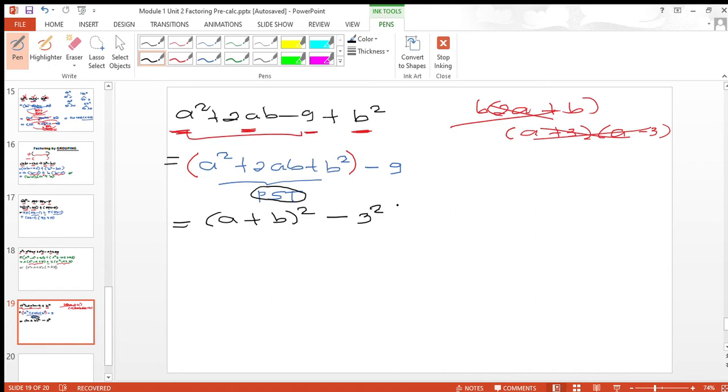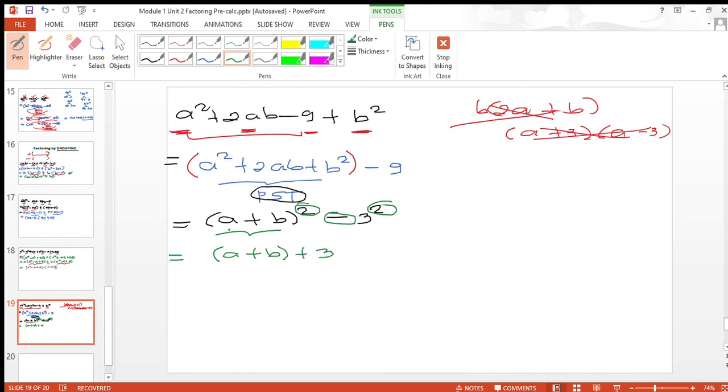So that, if you will notice, the resulting expression is now a difference of two squares. Therefore, this serves as the first term. According to the rule, we get the first term plus the second term.